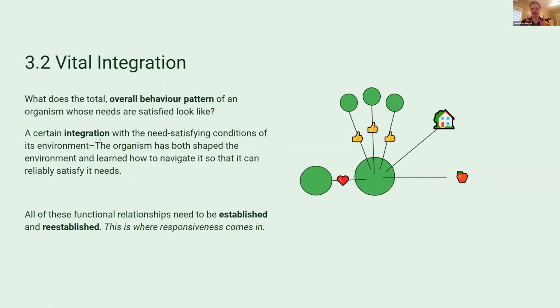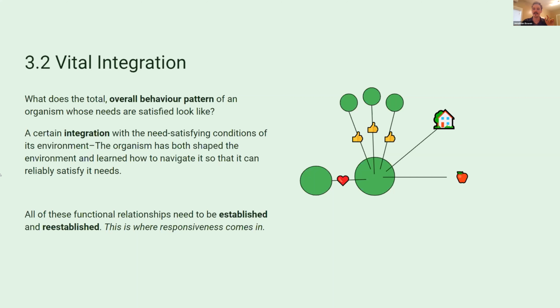To answer that question, you have to ask something about the overall behavior pattern of the organism. What does the overall behavior pattern of an organism whose needs are reliably satisfied look like? Well, it looks like a kind of integration with all of the need-satisfying conditions for that organism.